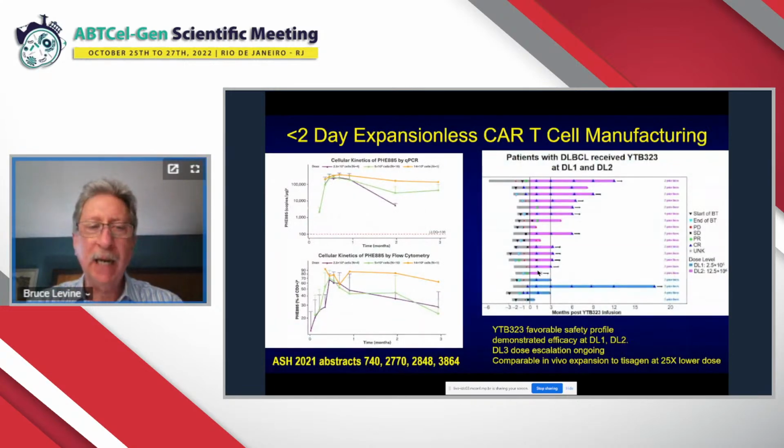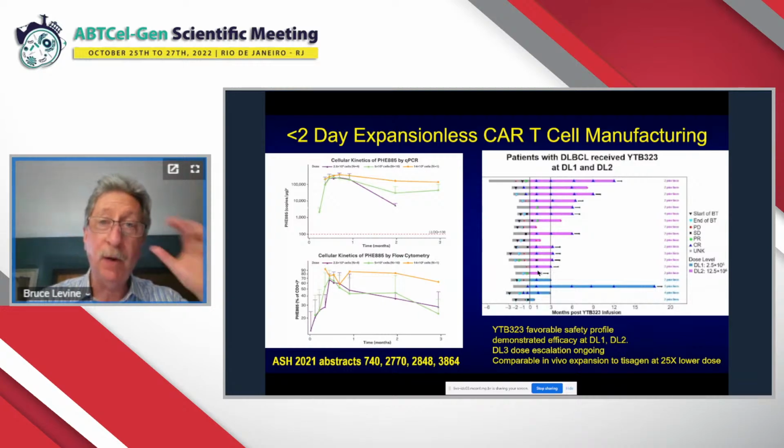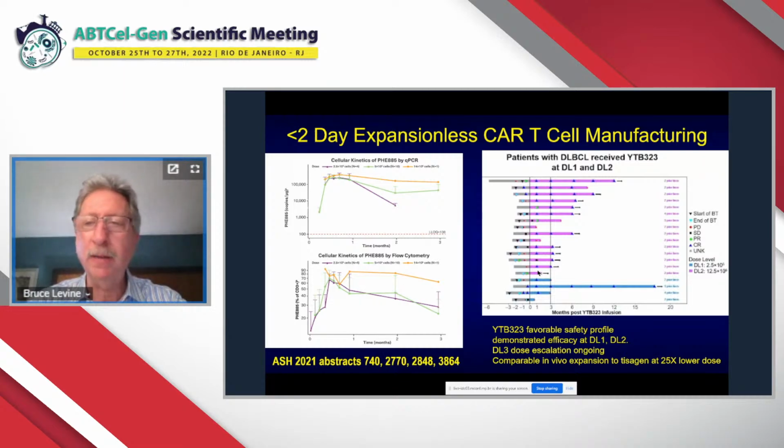And this is data from ASH 2021 from Novartis showing clinical data in a 2-day process in a clinical trial in multiple myeloma and also in diffuse large B-cell lymphoma. And the clinical responses are here in a small number of patients on the right, this in vivo cellular kinetics on the left.